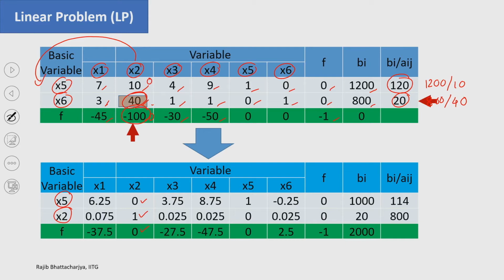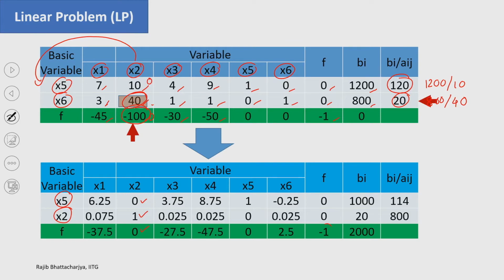So, what is the solution now here? So, I can say that x5 equal to 1000, x2 equal to 20, and the objective function value is minus 2000.